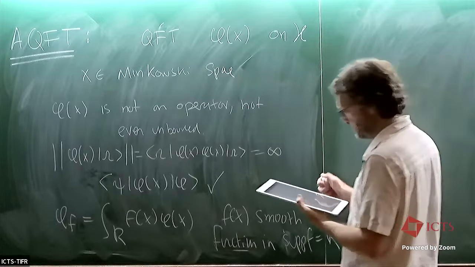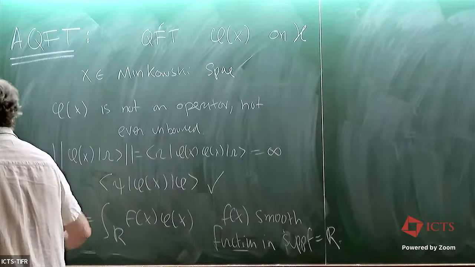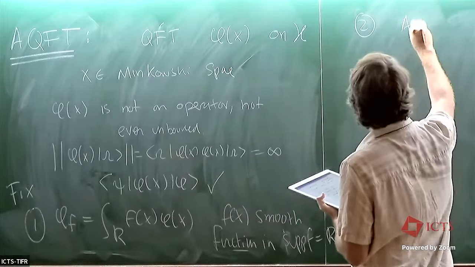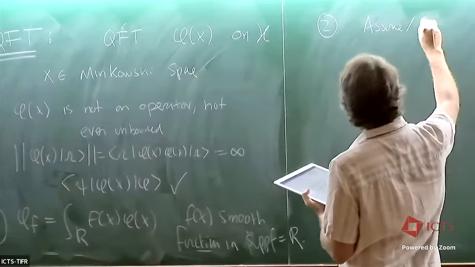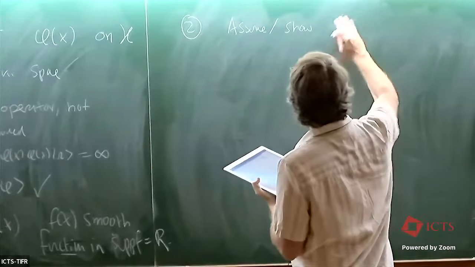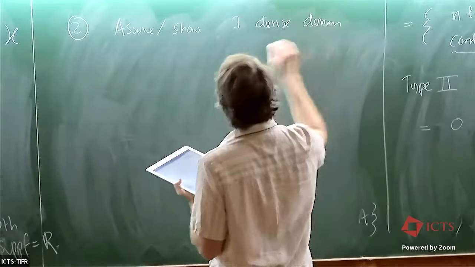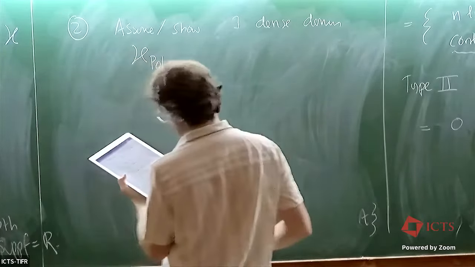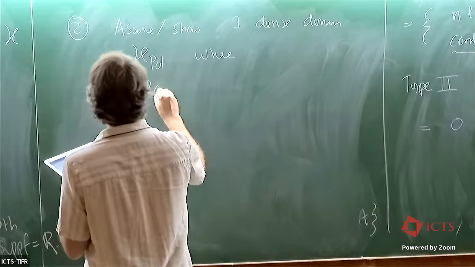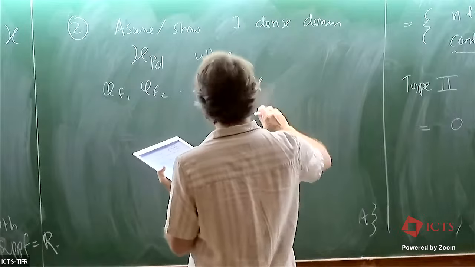So all of the discussion that I said about closed, densely defined, it's the same thing here. So this is sort of a fix. If we're trying to fix this issue, the first thing we do is we smear. The second thing we do is make some assumptions, or sometimes we can show, depending on our exact starting point, that there exists some dense domain, let me call it H polynomial, where polynomials of these smeared operators are well defined.